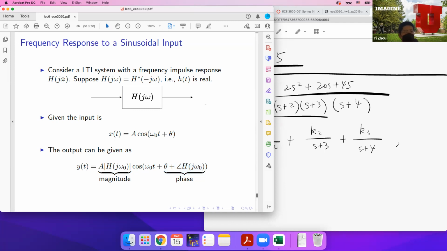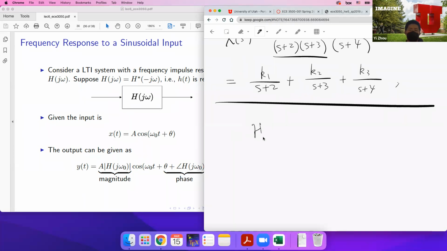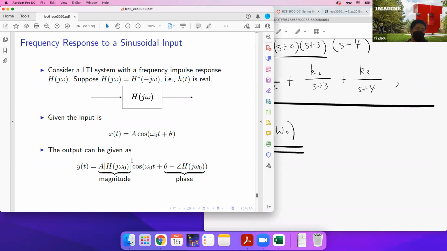So in general, you can think of H of omega, the system response at this particular angular frequency omega naught, as a complex number. If you think of this in polar form, then the magnitude of this complex number will be used to scale the magnitude of the input, whereas the phase of this complex number will be imposed on the phase part of the input signal.